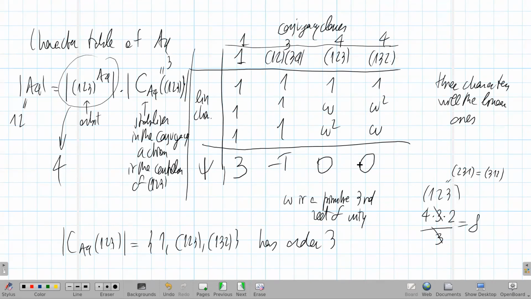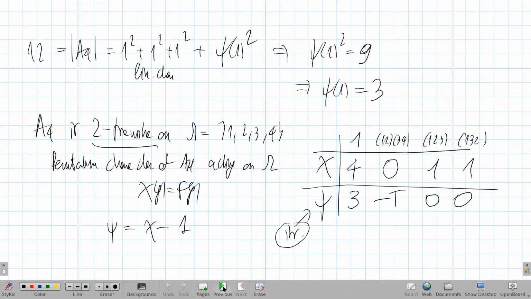Note that we have lots of information here. So for instance, why are these two 0? Because remember that if you multiply an irreducible character by a linear character, you obtain another irreducible character. Let's write this on the next page.